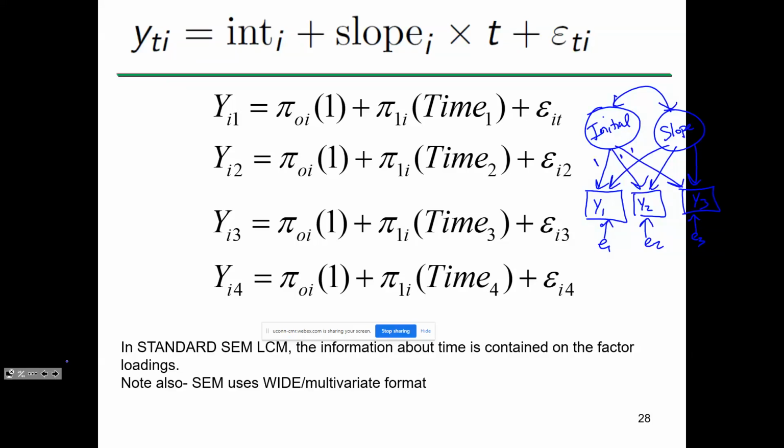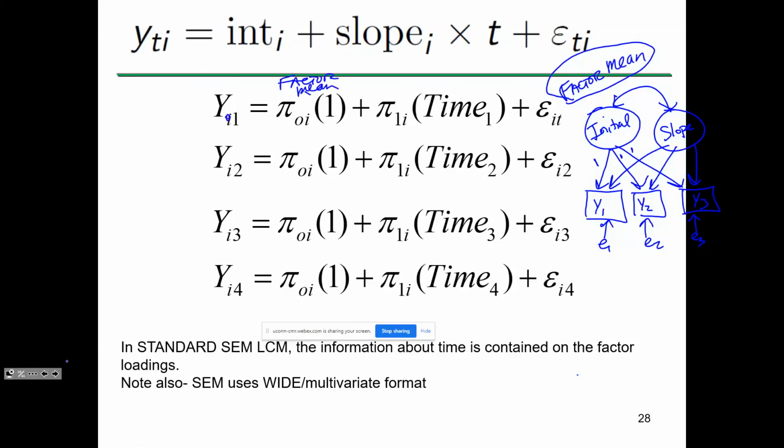So what's happening here is I'm going to get some sort of a factor mean for where people start out, okay? And then it's going to travel through to give me a predicted value on y1. I really shouldn't be doing this with individual people. I should probably just be doing it overall for the expected value.